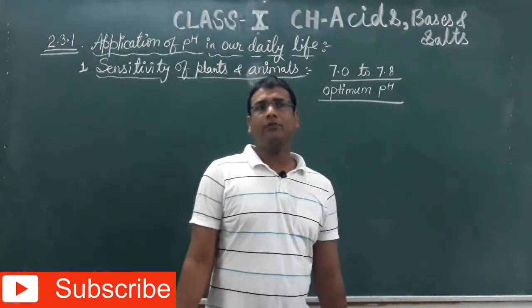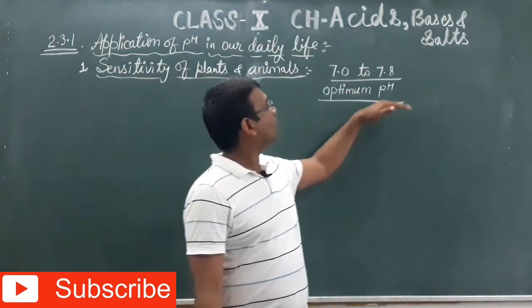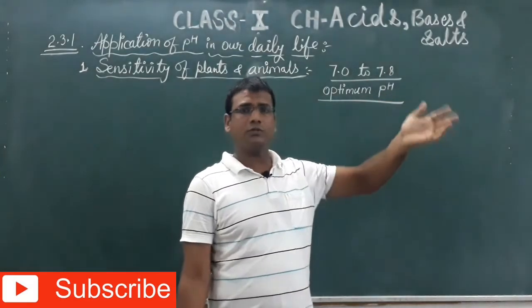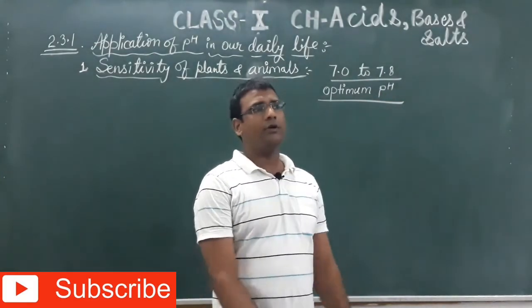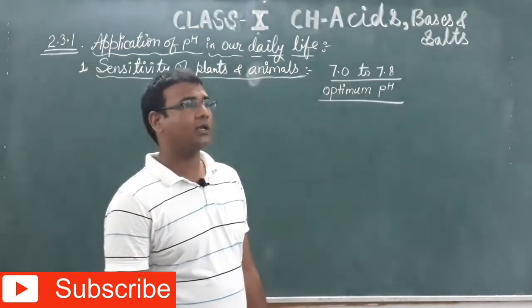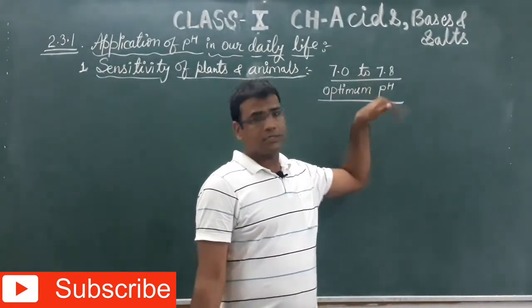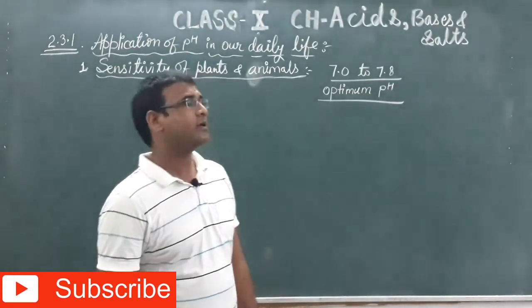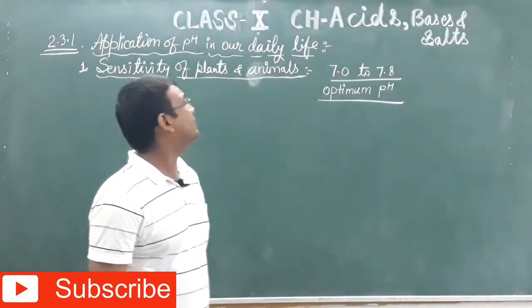If the pH goes above 7.8, that is dangerous for the sustenance of that particular organism. If the pH is below 7, then also it is a problem for animals and plants.